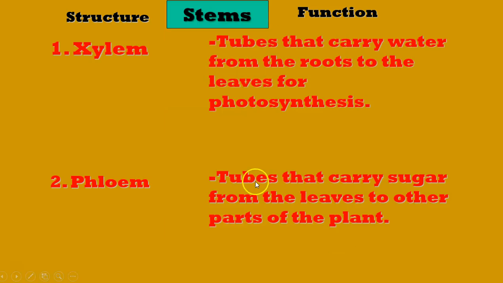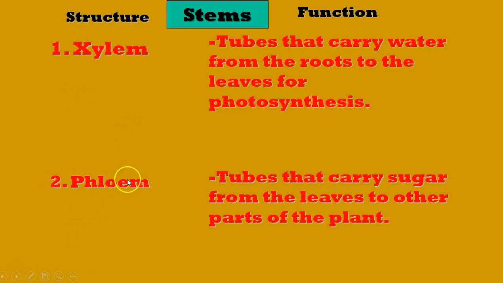Okay, the stems, there's two portions of the stem that you need to know. The xylem and the phloem. This is your vascular tissue that we talked about. The xylem is a tube that carries water from the roots to the leaves for photosynthesis. So remember, photosynthesis requires water, and they get that from the roots that absorb it and carry it up through the xylem with the help of lots of different things.